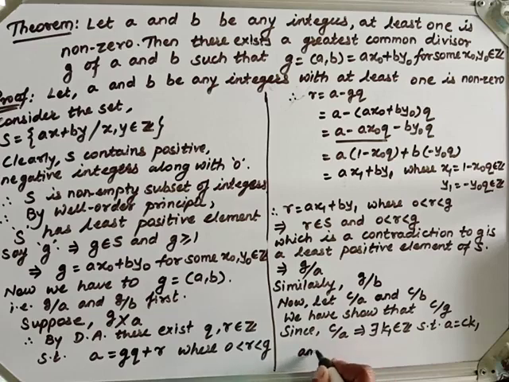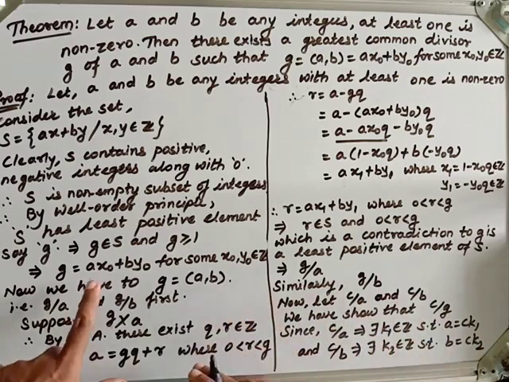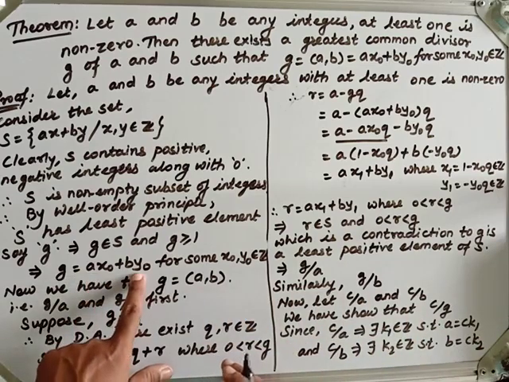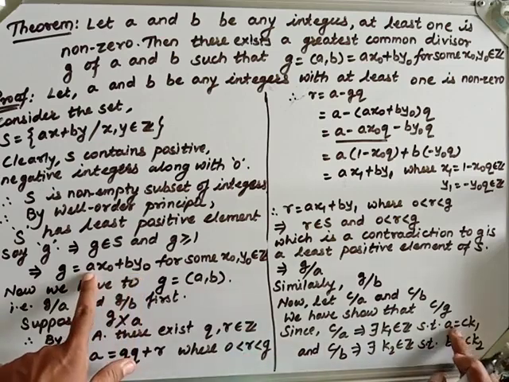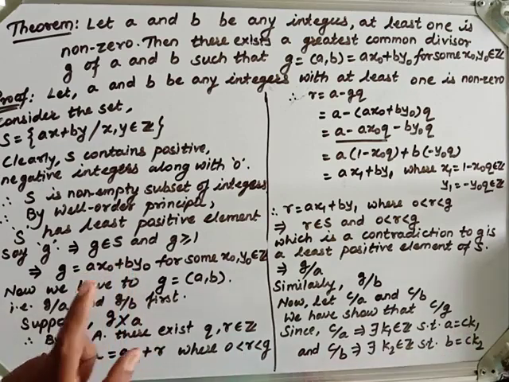And C also divides B. So this says there exists some integer k2 belonging to Z such that B is equal to C k2. Now we have G. G is what? A x0 plus B y0.